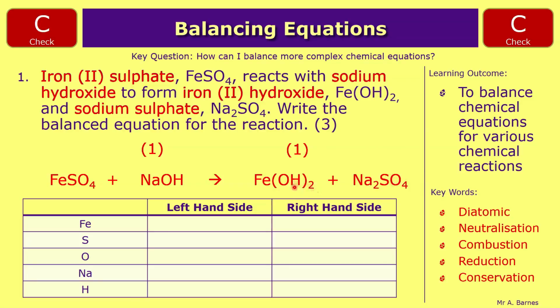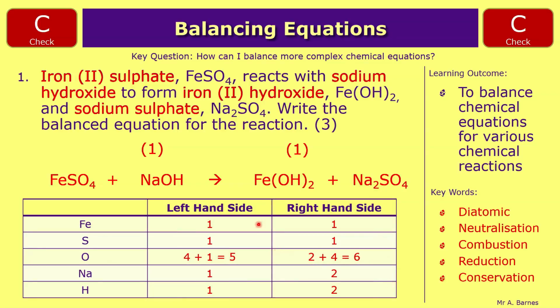We have 2 hydrogens, 2 sodiums and 1 sulphur, leaving you with a table looking like that. Remember to set out, if you've got elements that have got the same in different parts from your reactants, to put them separately so you can see where they came from. So where do we go from here?